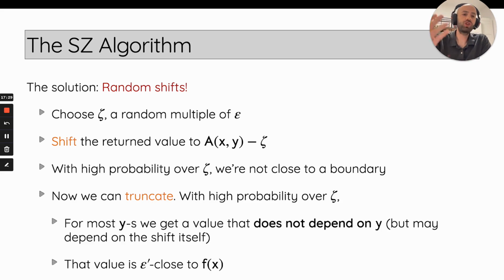In the sense that if we truncate the result, and I won't get into the parameters, then for most inner randomness, in our case for most h's, we get a value that does not depend on h itself. It may depend on the shift, but the shift does not depend on the inner randomness of Nissan's algorithm. And once we truncate, we're guaranteed to be close to the actual power, which recall is independent of the random seed that we use for Nissan's algorithm.